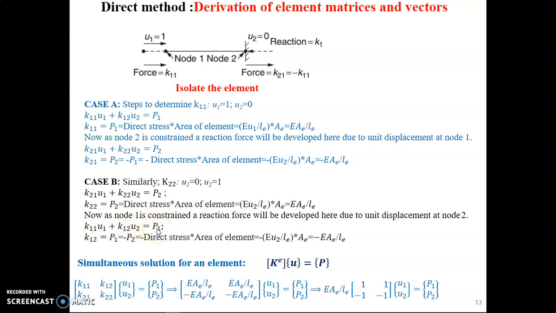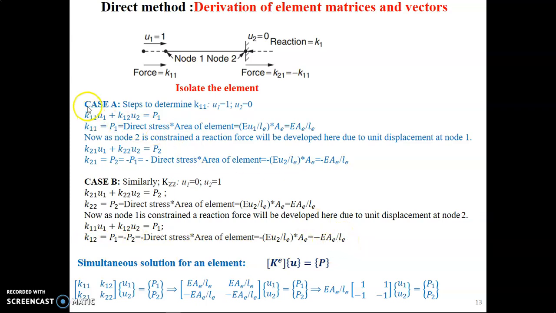It will be equal to P1. Now P1 will be the reaction of P2 force. So we will get K12 equal to P1 equal to minus of P2, and we will be getting K12 as minus EA by L.